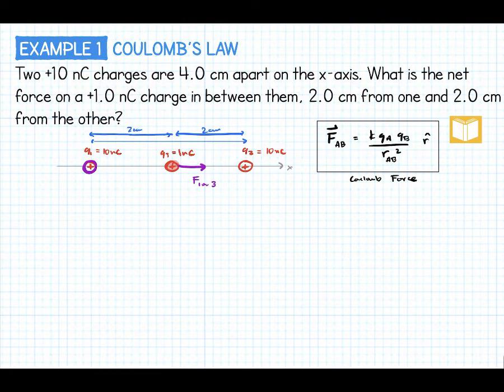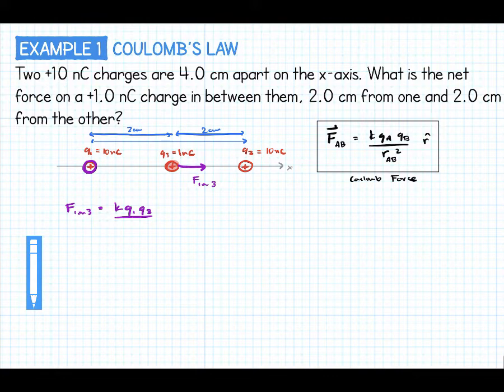Okay, so we can write that out, and the force of 1 on 3 is going to be K, Q1, Q3 over our 1 to 3, which is this, right? This is our distance, r1,3 squared. All right, this is the scalar, and we know that the direction is going to be to the right because we drew it right here.